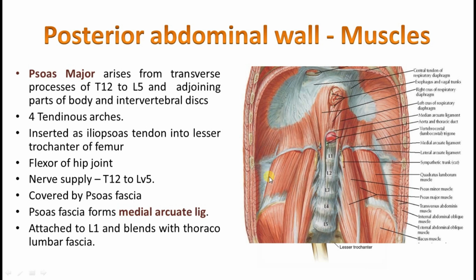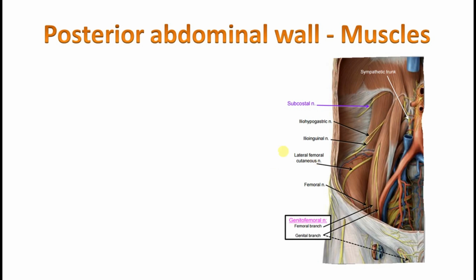This psoas fascia is pierced by certain vessels and nerves, because the nerves emerging from the lumbar spinal nerves immediately form a plexus within the substance of the psoas major, and from that, branches arise, pierce the muscle, and in turn pierce the fascia covering the muscle.